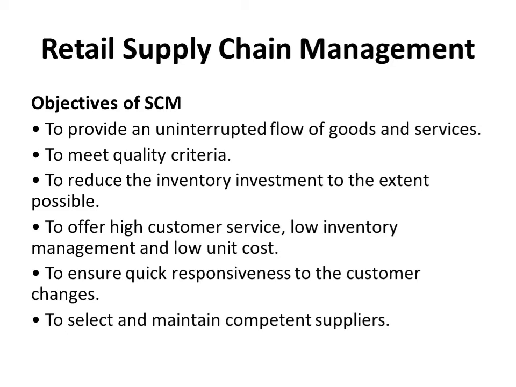It's not only that you are just moving the goods. Here, you are also moving the cash, the flow of cash and flow of information about the product. It can be internal or external to a company, or maybe a group of companies that share the same value chain, right?